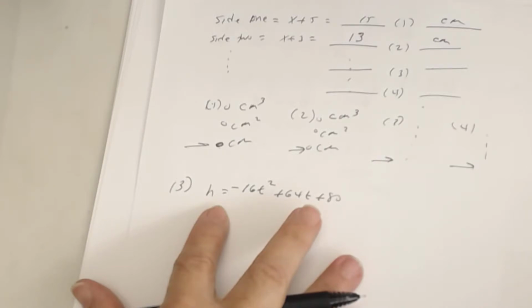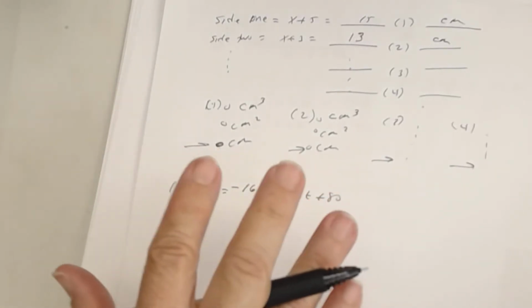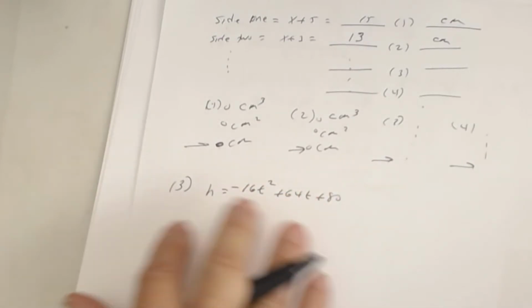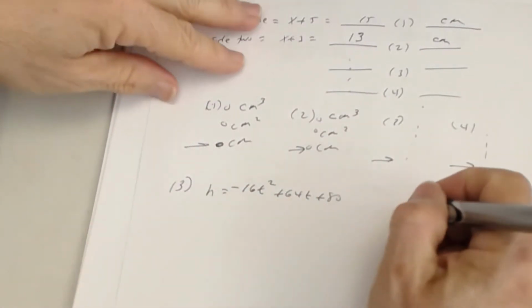It says the height h of the object after t seconds, right? And so the question is, when will the object hit the ground? So the ground. Let me draw this for you.